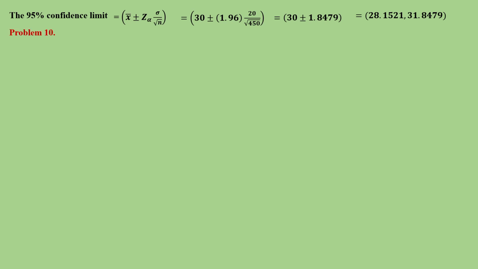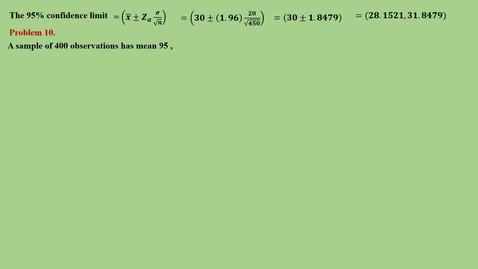So here the confidence limit for x bar we are taking, but they are asking, I think, mu. If it is mu, you take the formula mu plus or minus z alpha sigma by root n. That's all, right? So instead of x bar, you are going to use mu, instead of 30, you are using 29.